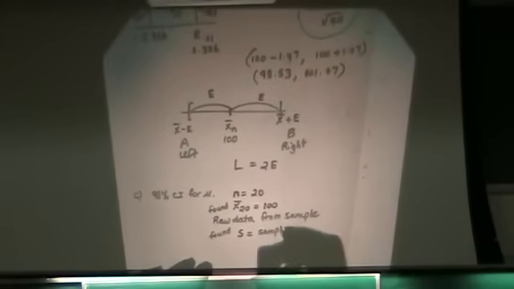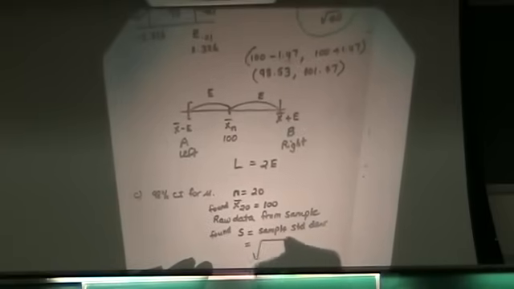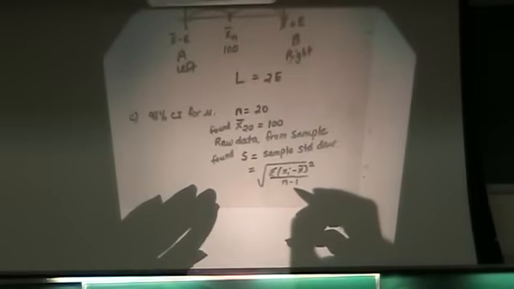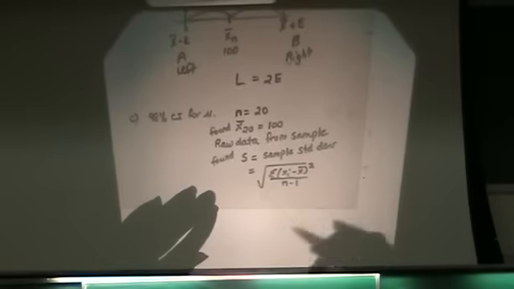It's the sample standard deviation. Let me remind you. It's equal to the radical of the summation of xi minus x bar squared over n minus 1. Remember, this is due to Bessel's correction. We divide by n minus 1 when it's a sample. So I can find my own mean and my own S.